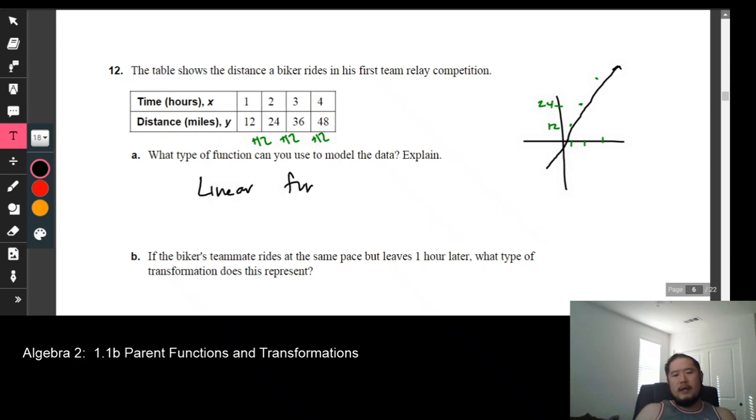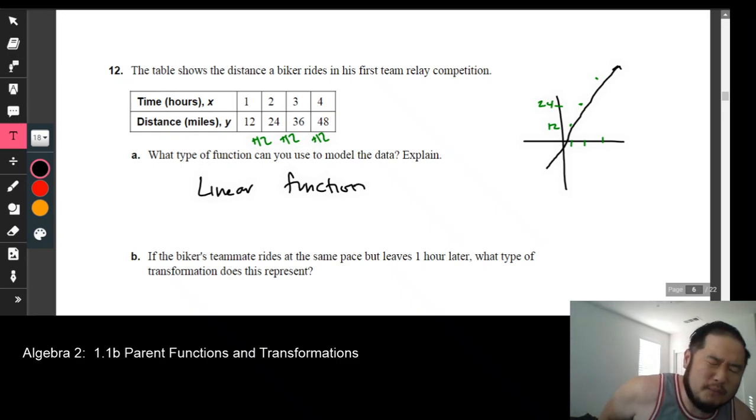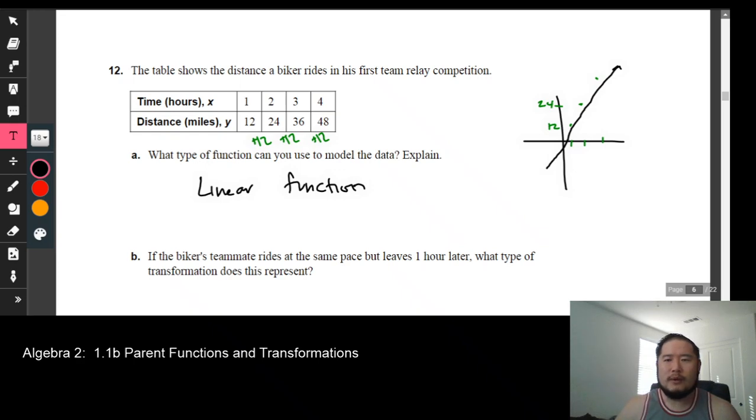In Algebra 1, you guys were able to take something like this and come up with the equation of a line. You'll eventually have to do that again this year, and we'll talk about that later on. Okay, so that right there will conclude section 1.1. You got to make sure you know what happens with those four functions.